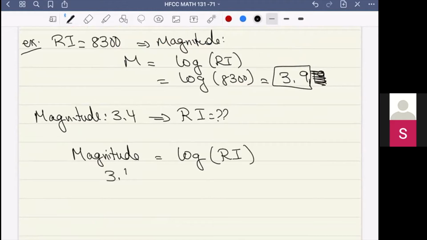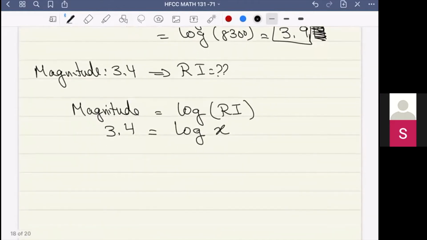So 3.4 equals log X. And remember what I said earlier, log of X equals B. In this case, B is 3.4. So 10 to the power 3.4 equals X, my bad.